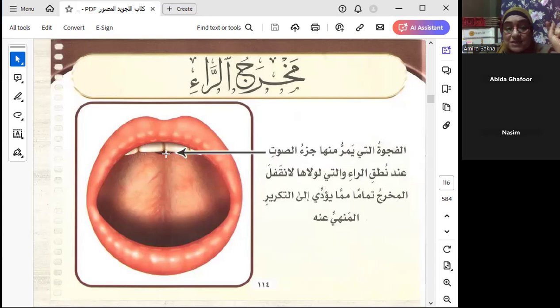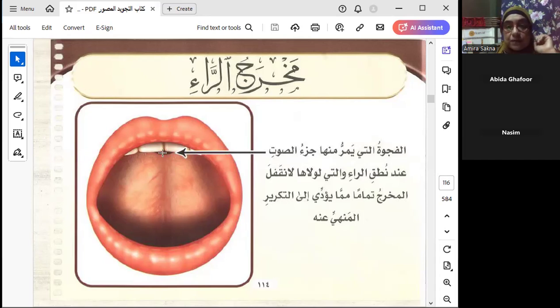If I close this area, my dear sisters, the sound of the Ra will be trilled. And this is a characteristic, صفة التكرار, which must be avoided. The characteristic of التكرار, or flapping or trilling, must be avoided.